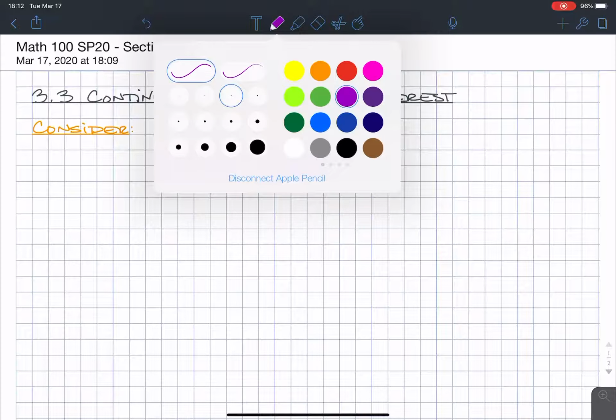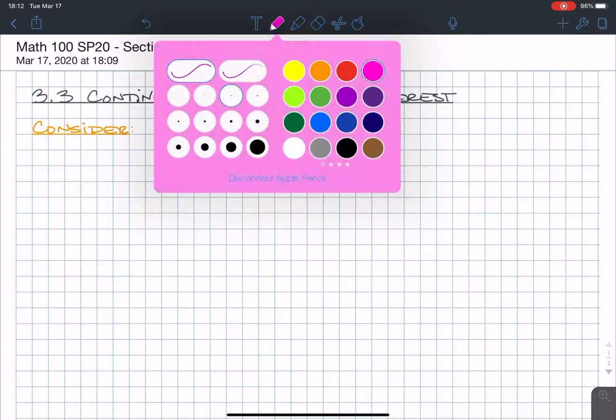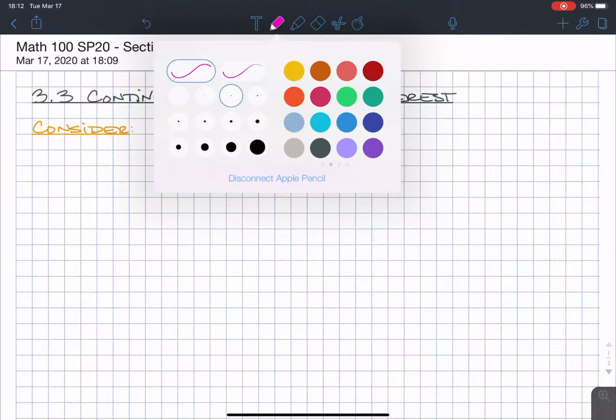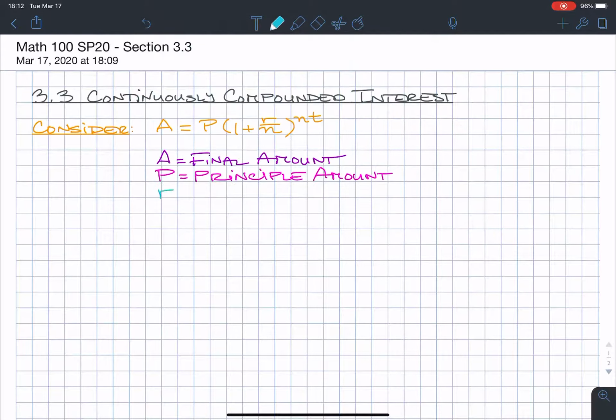We know that, of course, P is the principal investment or principal amount. The rate R is the interest rate as a decimal.